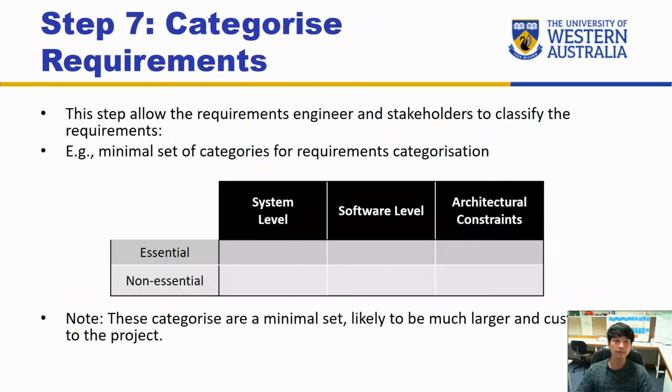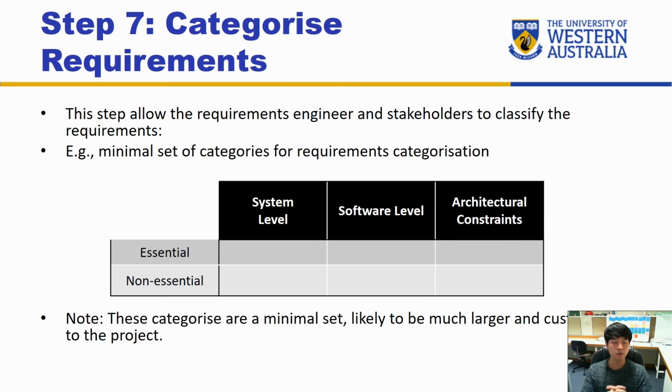Okay. So once we derived those security requirements, what we want to do is categorize those requirements. By categorizing security requirements, it gives us a good view about which categories may be lacking. So we can always revisit and try to ensure that all parts of the system are covered by security requirements.